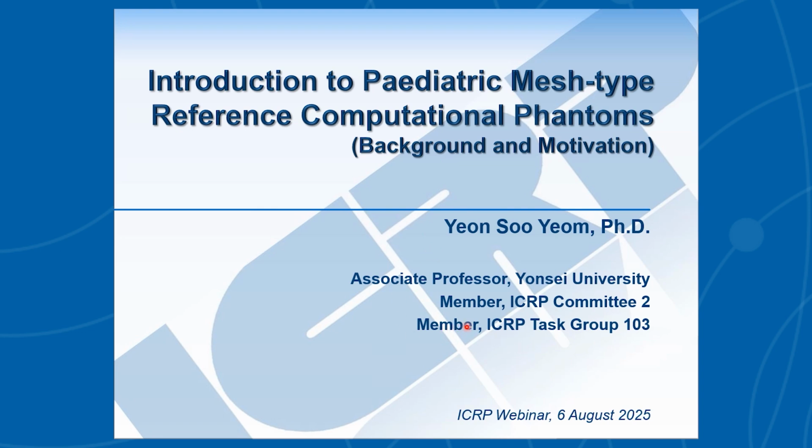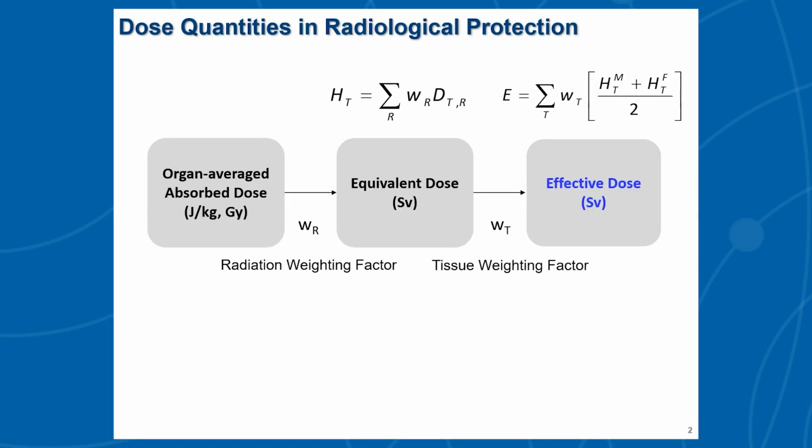So I'd like to introduce the new ICRP Pediatric Mesh Phantoms, particularly focusing on the background and motivation. As you know, the equivalent dose and ultimately the effective dose are special dose quantities defined by the ICRP for radiological protection purposes.